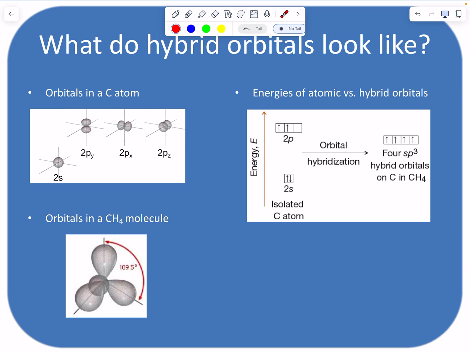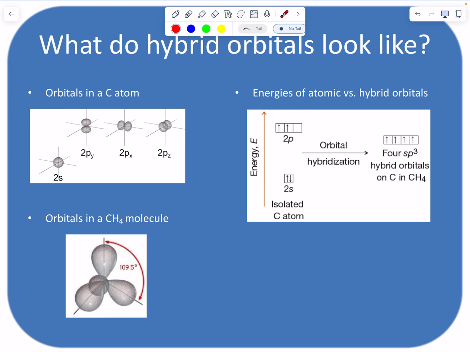And so what we do is take the s-type orbitals and p-type orbitals on our carbon, and when they are in a molecule, we call them sp3 hybrid orbitals. It's because they are a mixture of s orbitals and p orbitals that the sp comes from.